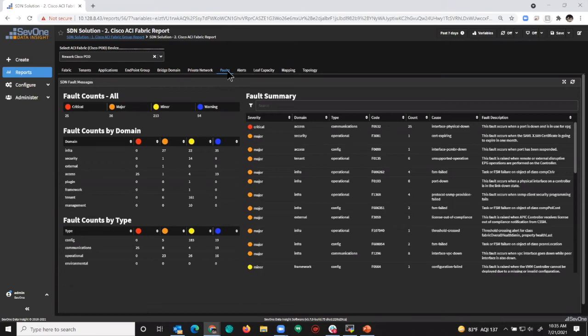So I can look in real time at all the faults that are related to this fabric. And there are different ways to sort them, based on the domain they're coming in, the types, and that kind of thing. So this is more, I'm trying to figure out if there's a problem: I see a low health score, let me go look at the faults that are available in that fabric that are maybe associated with that object.